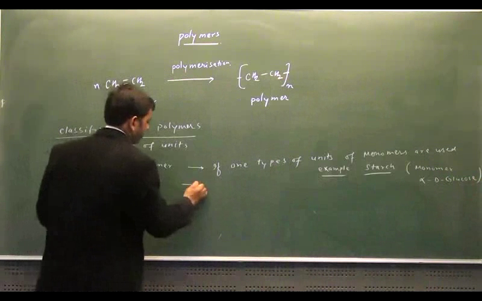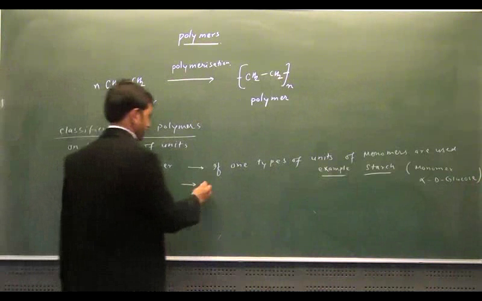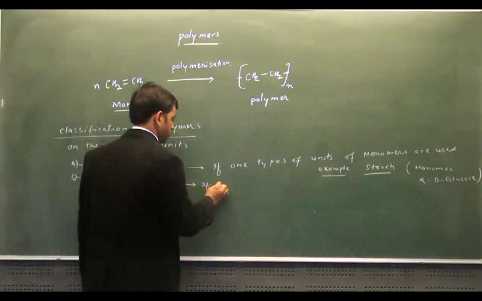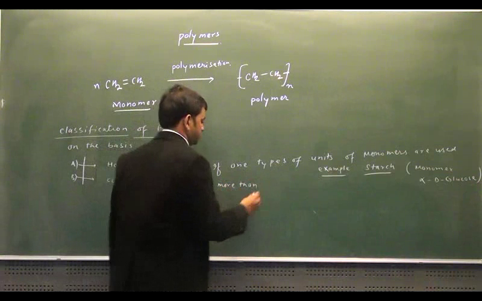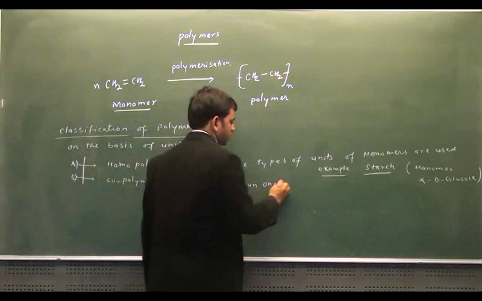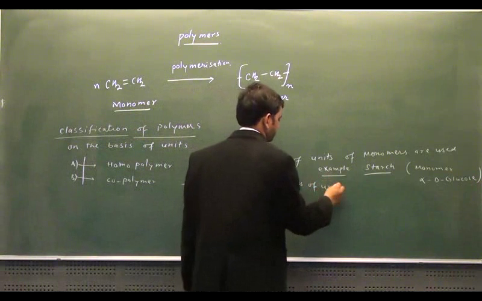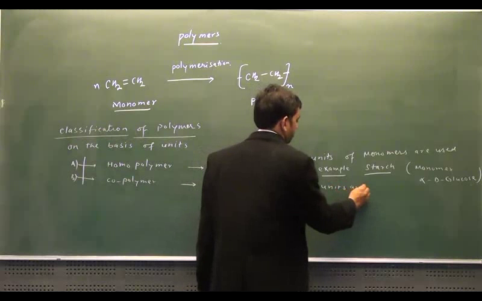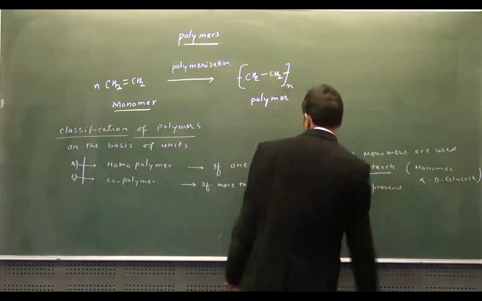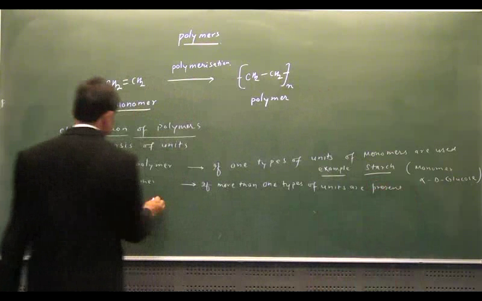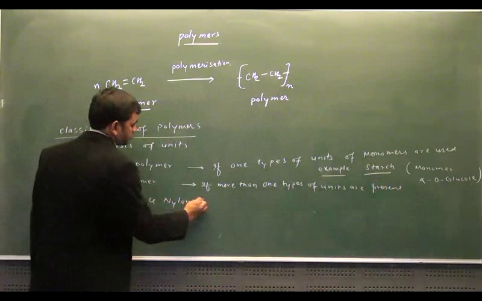In a copolymer, more than one type of units are present. Example, nylon 66.